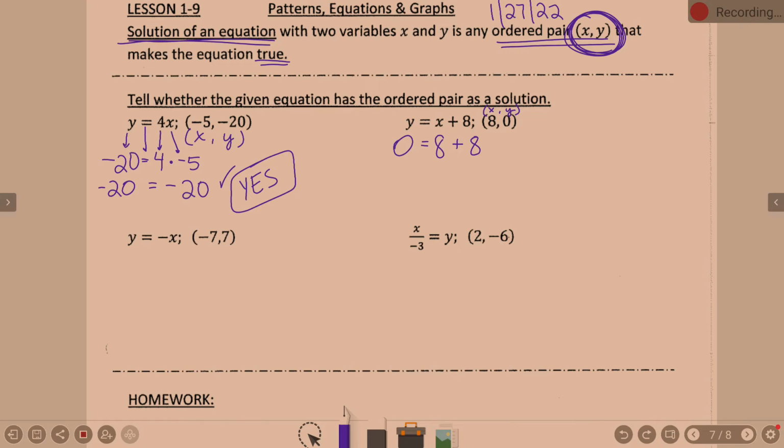I already see the shaking of the head no. Honestly, do you even have to know what 8 plus 8 is here? Not really. 8 plus 8, is that 0? It's already 8, and you're adding another 8. So unless that's 8 plus negative 8, it's not going to work, is it? 8 plus 8 is actually, did anyone come up with it?